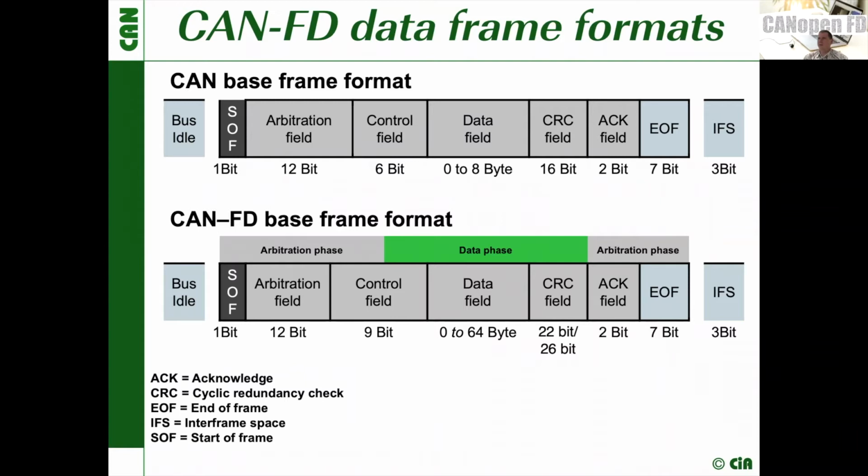But for the moment, we see here the comparison. We see the classic CAN frame in the upper part with up to 8 bytes of data that we can communicate, and the lower part with up to 64 bytes that we can communicate, if need be, in an accelerated way.